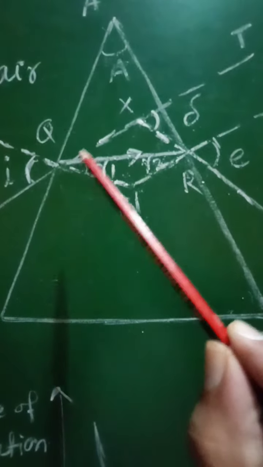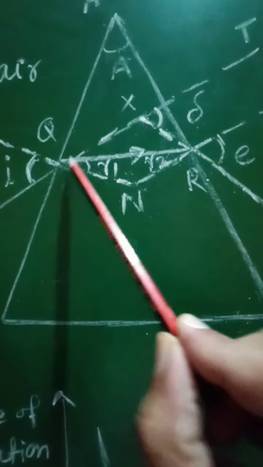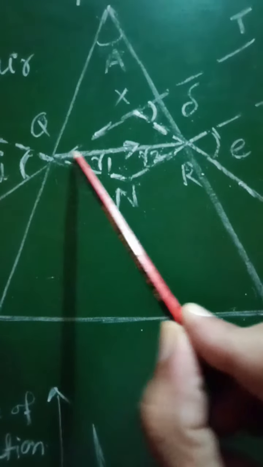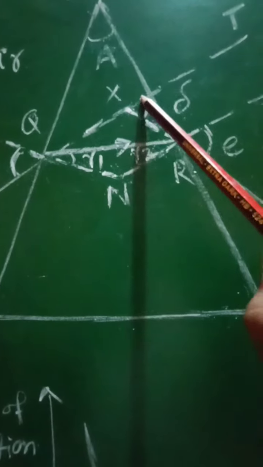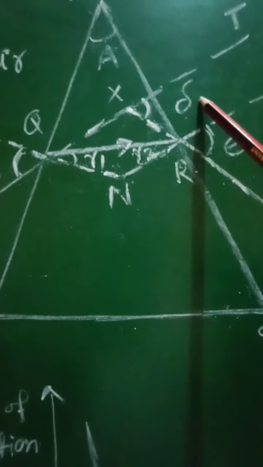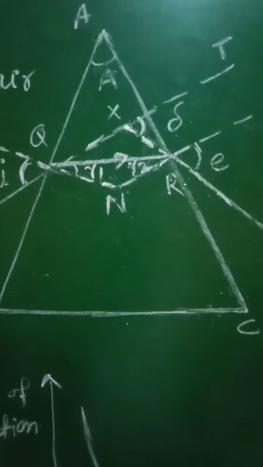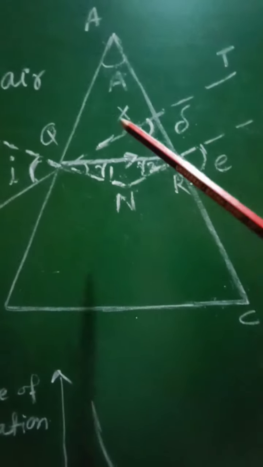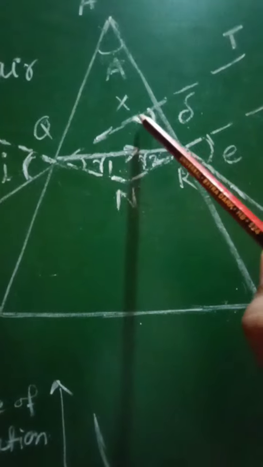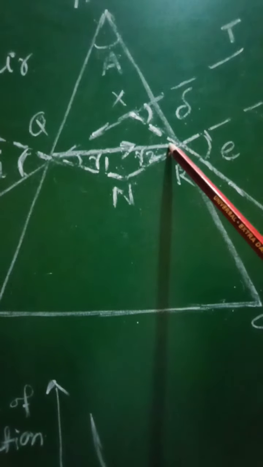Similarly, if you consider triangle XQR, for this triangle XQR, angle delta is the exterior angle. Now if you consider this figure, we can find the measure of XQR.